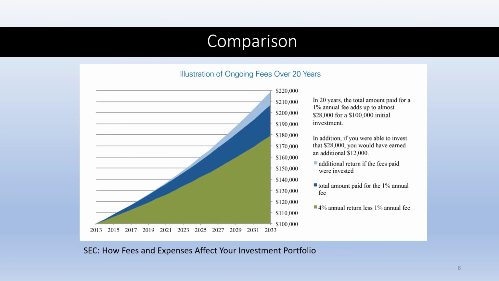In this illustration of ongoing fees over 20 years, again, what we see here is that there tends to be a large delta between higher fees and what you lose. And in this case, they're actually looking at, okay, that 1% annual fee would cost us 28 grand on $100,000 over 20 years.